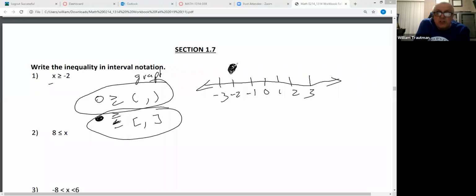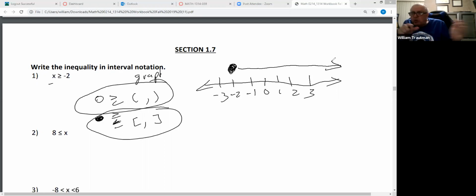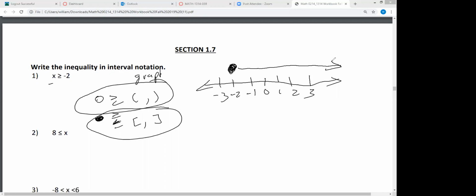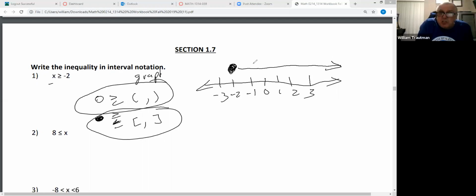X is greater than -2. Things that are greater are to the right, and everything to the right is greater. That's why this is how you graph it. We start at -2. Equal sign means we fill in the circle and it's greater than. Another similar way of writing this is to use the bracket.